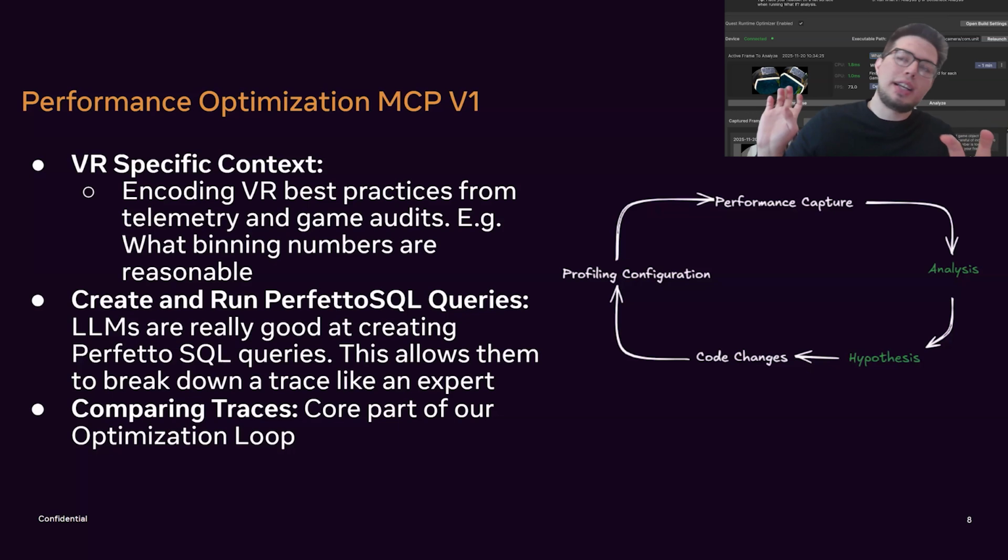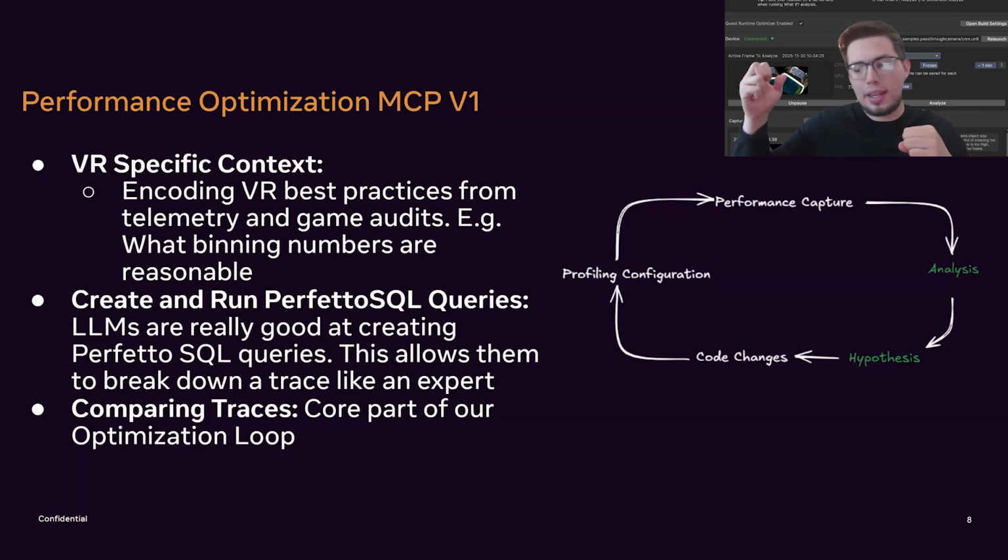So we're offering a suite of hard-coded SQL queries that the LLM can run, that we know, like, hey, if you want to figure out what a thread is doing at this moment, you can run this SQL query. You can run these SQL queries on the Perfetto output, but it also can create its own. So it is really good at digging in deeply into what is happening.